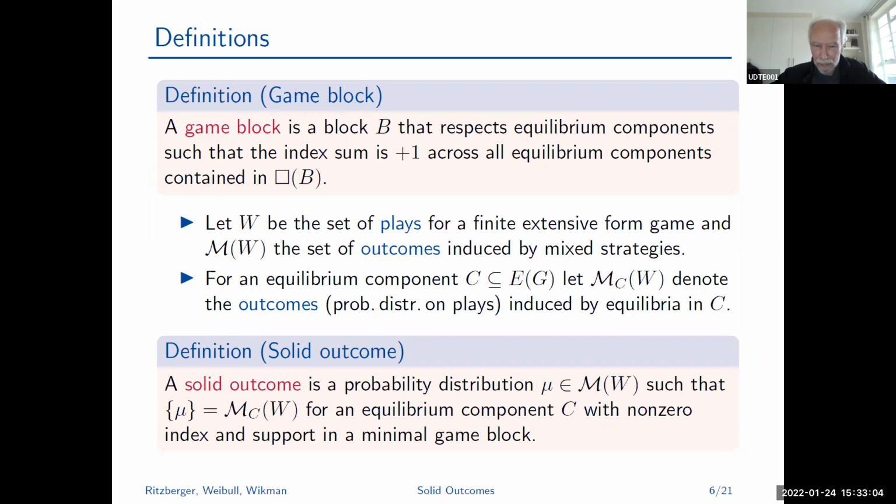That's the concept. So to repeat, a solid outcome is a probability distribution on plays that is the unique outcome induced by all equilibria in an equilibrium component with non-zero index and support in a minimal game block. Okay? That's the definition, and that's the concept that we're going to study.